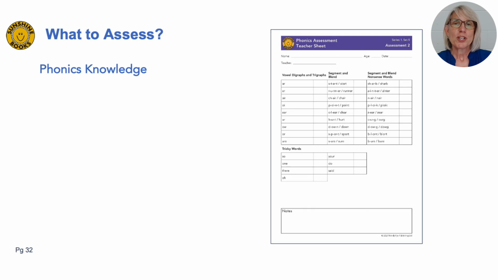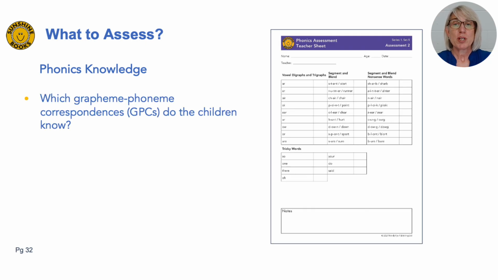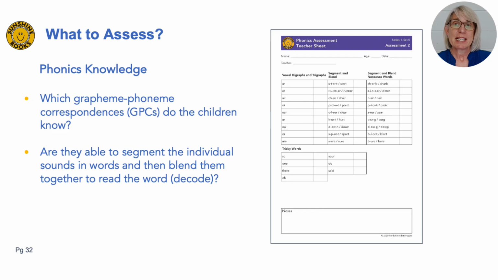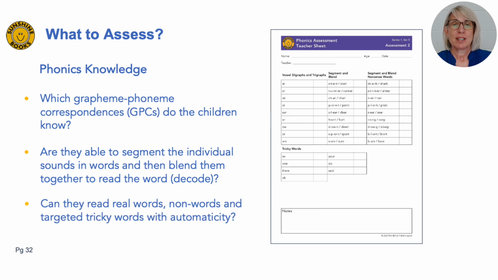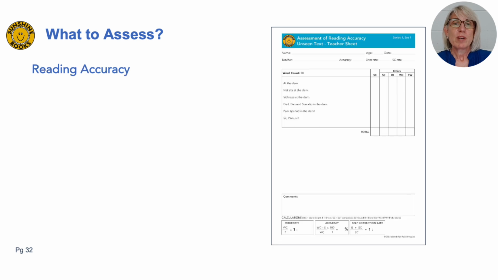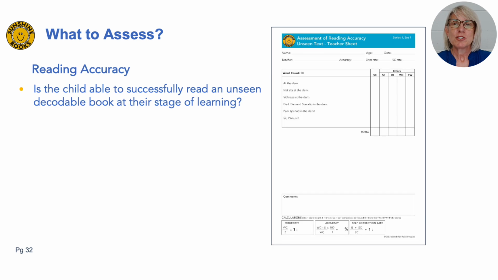We assess phonic knowledge. Which grapheme-phoneme correspondences do students know? Can they segment and blend sounds to decode words? Are they able to read real and non-words and targeted tricky words with automaticity? Reading accuracy assessments help us determine whether a student can read an unseen decodable text at their instructional level. Reading accuracy assessments look similar to a running record, but they differ in the types of things we're looking at.